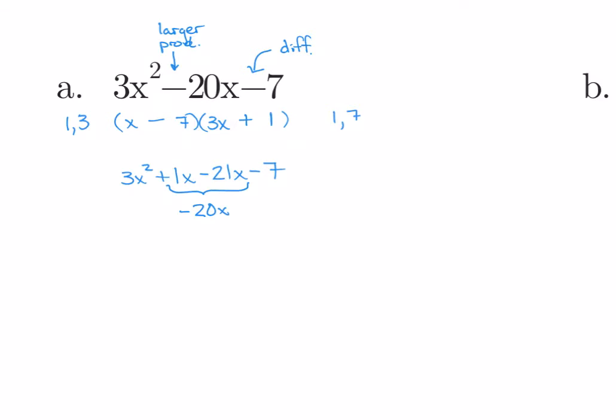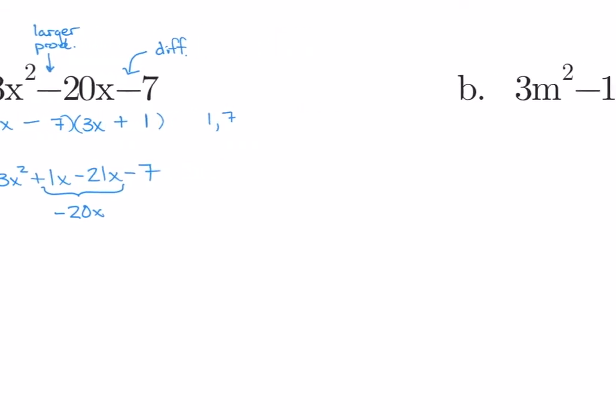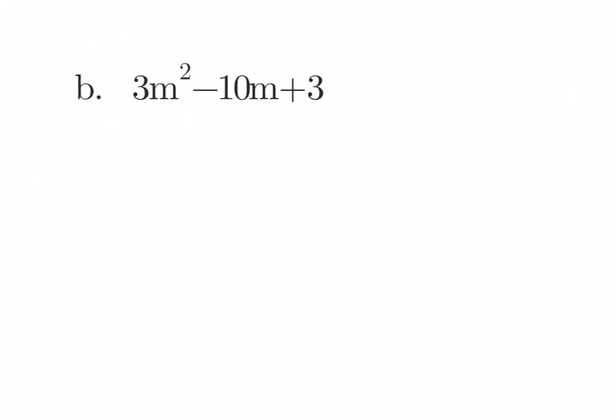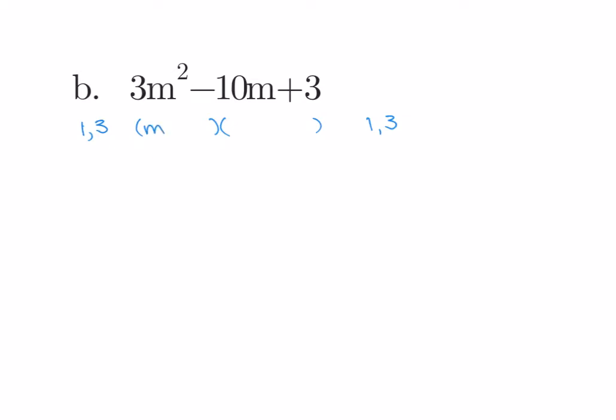All right. Let's try a couple more. Let's come over to example B. Okay, so 3, things that multiply to 3, we have 1 and 3. Same thing over here, we have 1 and 3. So let's go ahead and place our factors. 3m squared, that's going to be m, or 1m and 3m.